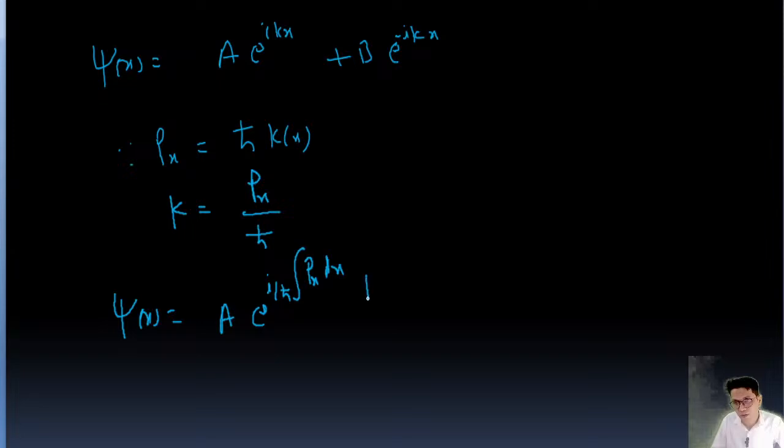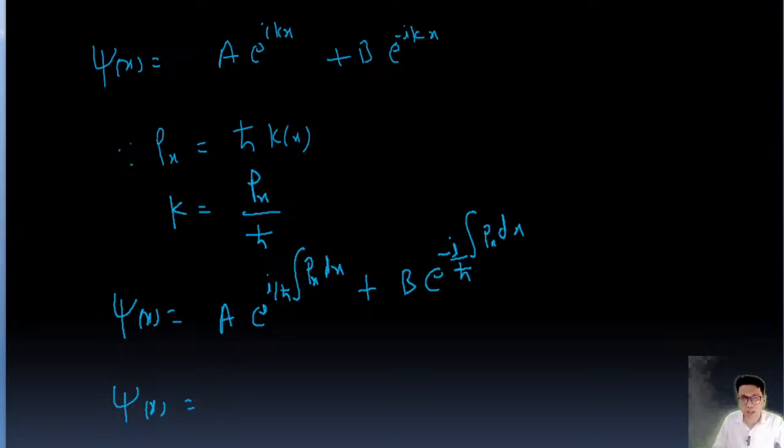Similarly here it will be e to the power minus iota upon h cut, where we are putting the value of k, so this is integration px dx. This one we will simplify further.